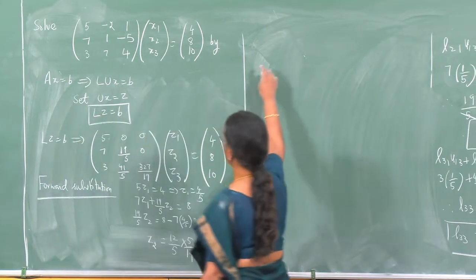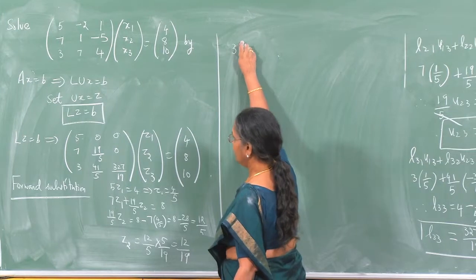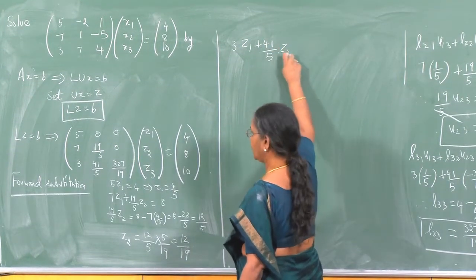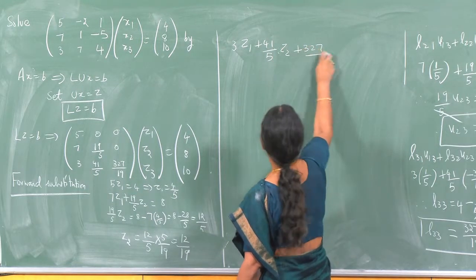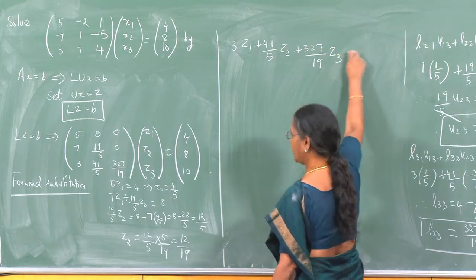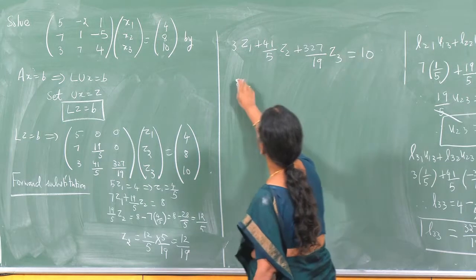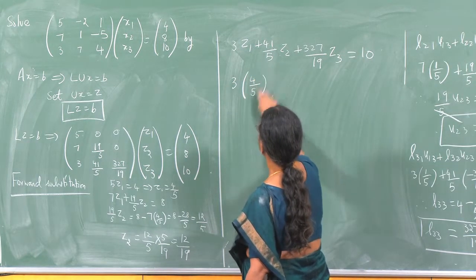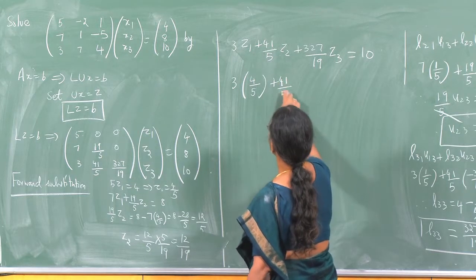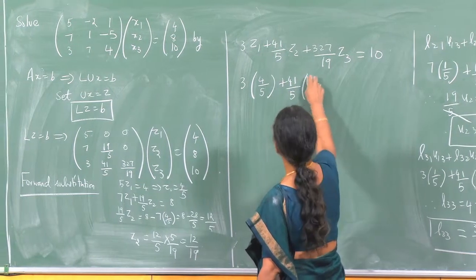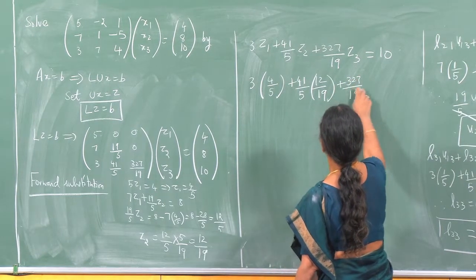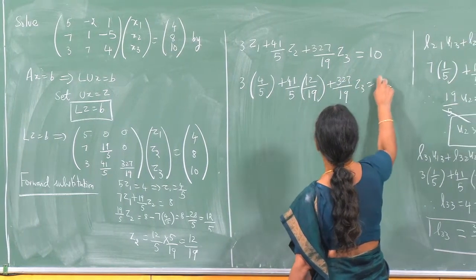And now we use the third equation which gives 3z1 plus 41 by 5 z2 plus 327 by 19 into z3 equal to 10. So, 3 into z1 is 4 by 5 plus 41 by 5 into z2 is 12 by 19 plus 327 by 19 into z3 must be 10.